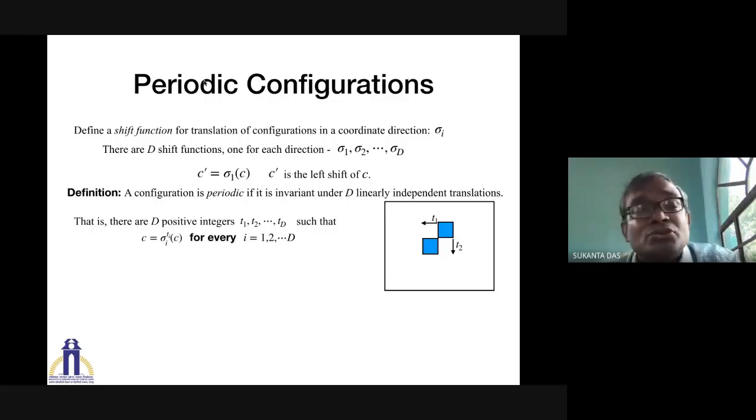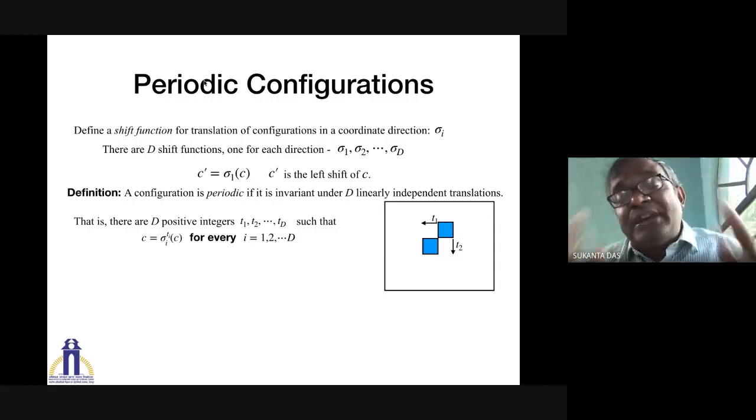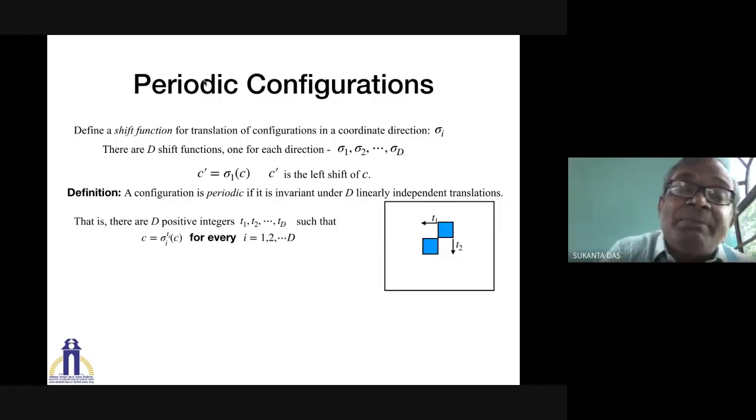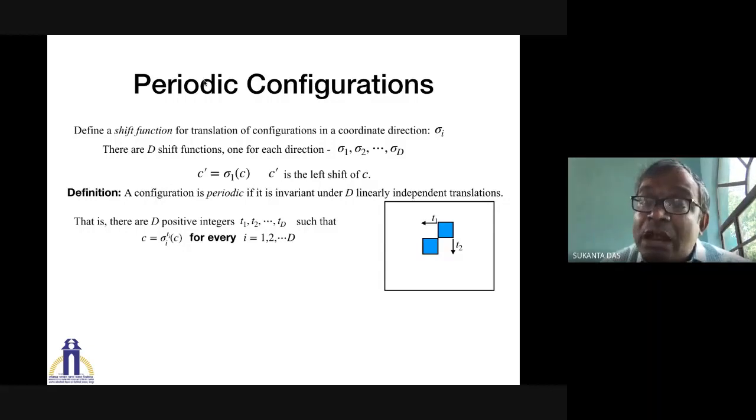If it happens everywhere, in this figure I have given only two examples. The small box is repeated. So periodic configuration means that although the configuration is infinite, you will find a small part which is repeated everywhere. That is the meaning of periodic. And it is repeated in this way; it is not an arbitrary repetition.